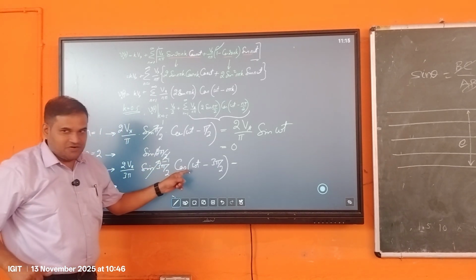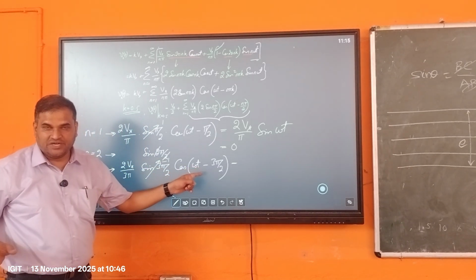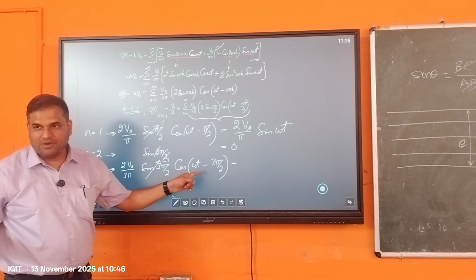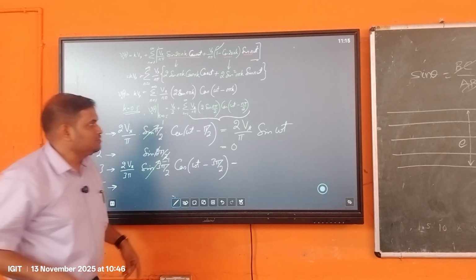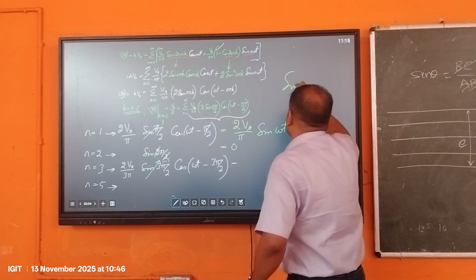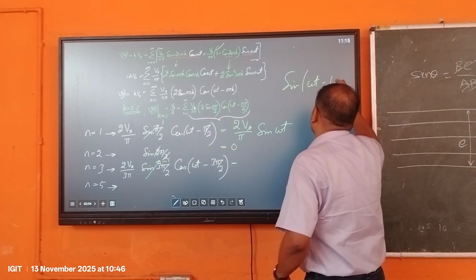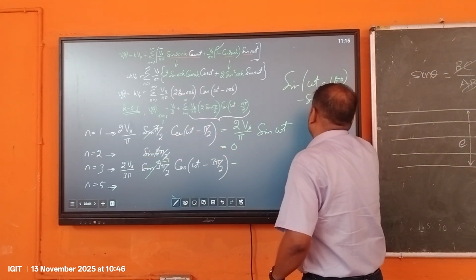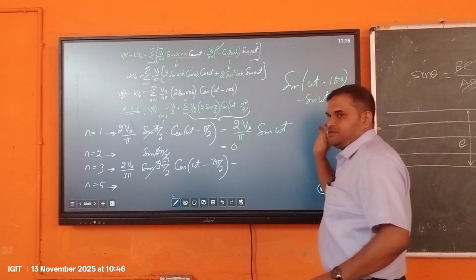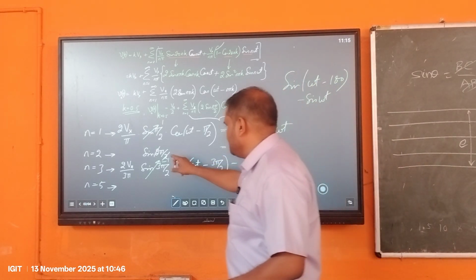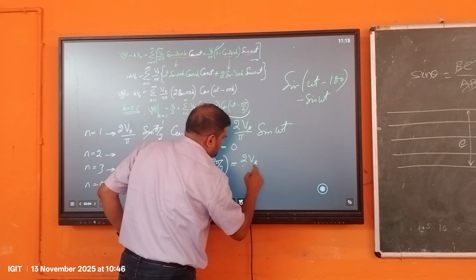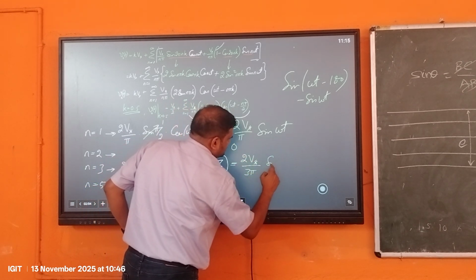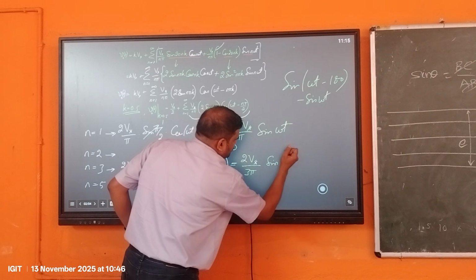But this is cos of omega t minus 270, minus 270 plus 90, that is sine of omega t minus 180. Just check in the rough: sine of omega t minus 180 is the same as minus of sine omega t. So this minus and that minus will cancel out and you will get 2Vs by 3 pi sine of 3 omega t.